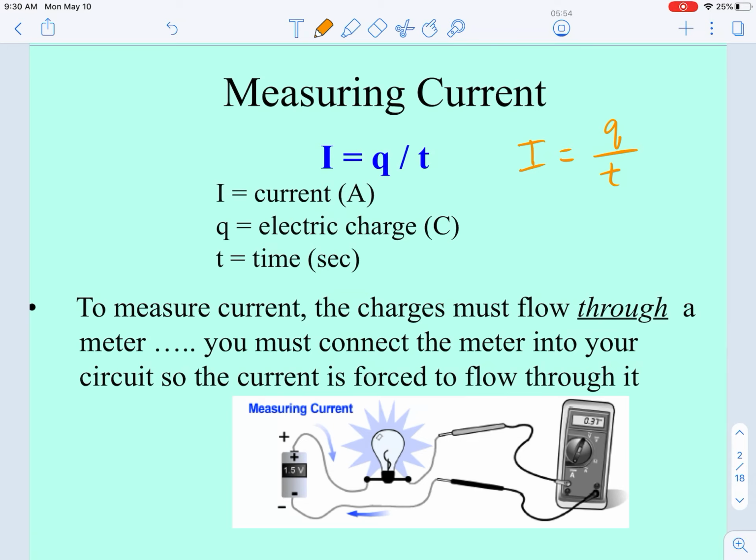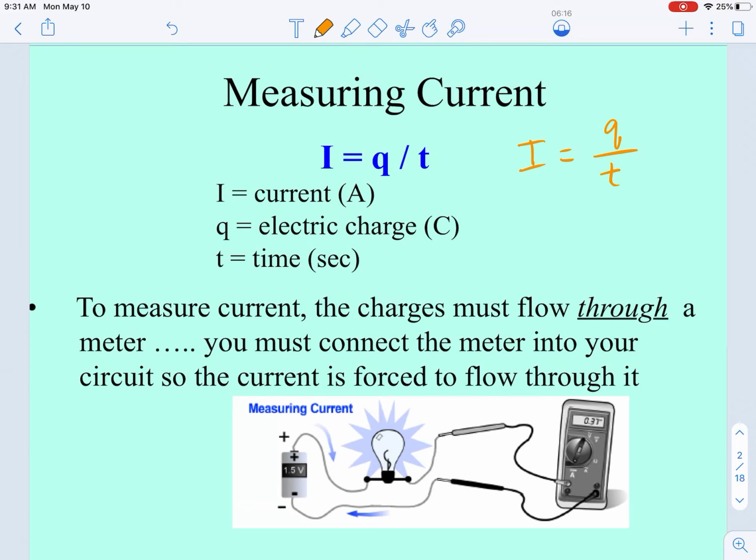It's not necessarily one electron, it is a bundle of electrons, but we are going to say that this bundle is worth 1 coulomb, okay? And that's just because we are dealing with a lot of electrons here, and so the coulomb became the measuring unit. So we are going to measure electric charge in coulombs.